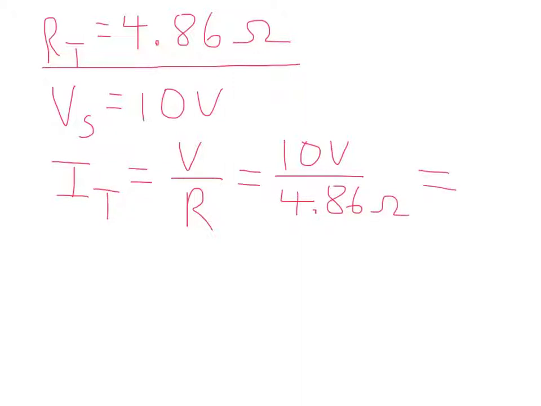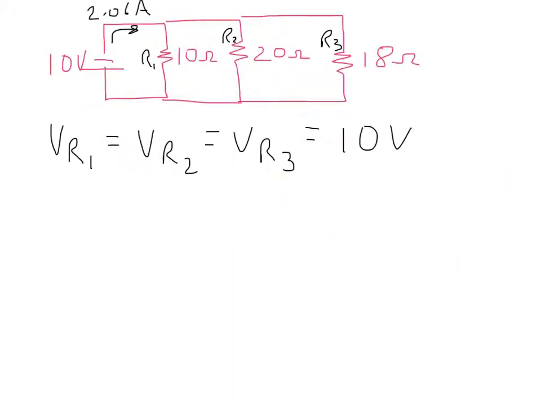With my calculator, I'll go 10 divided by 4.86, and I come up with 2.06 amps of current. Okay, here's our circuit. We've got 2.06 amps of total current.